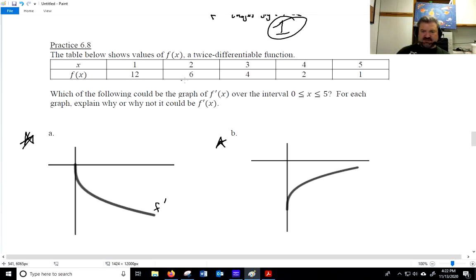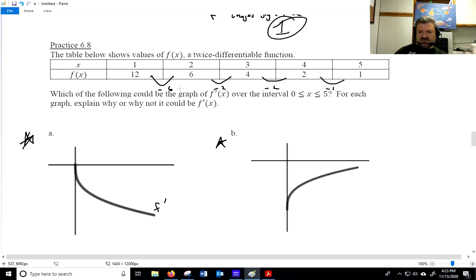Well, if we look at this, we can see that y is decreasing at a decreasing rate, right? So if it's decreasing at a decreasing rate, doesn't that mean that f prime is increasing, right? So we can see that the decrease here is -6, -2, -2 again, and then -1.